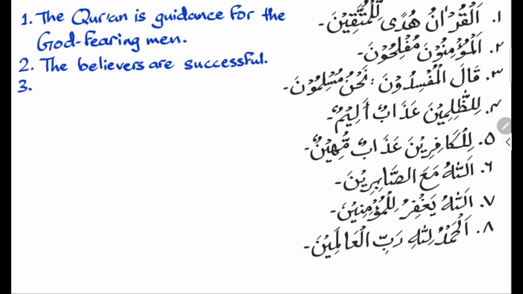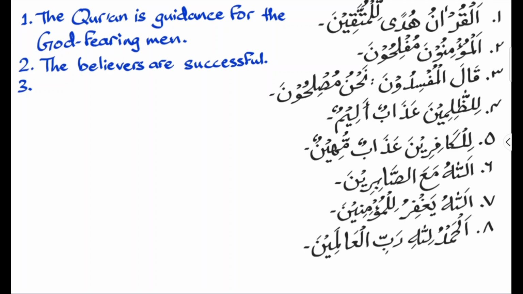Number 3, قال المفسدون نحن مسلمون. Or rather it should be قال المفسدون نحن مصلحون. قال means to say. Al-mufsidun is the plural of al-mufsid, which means those who spread corruption or corrupted people.